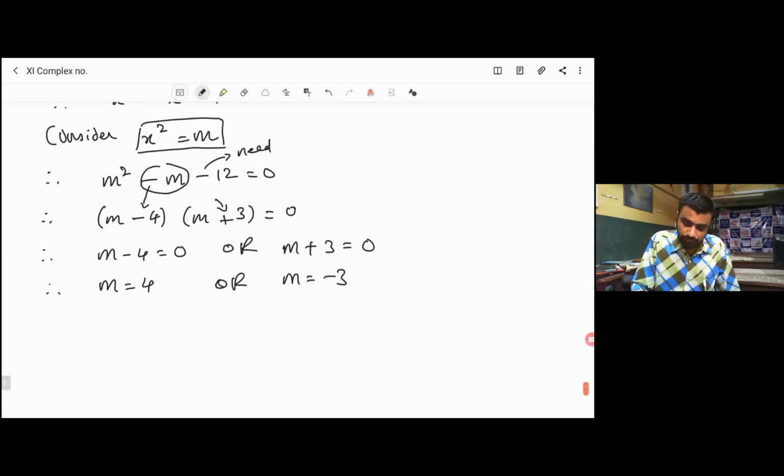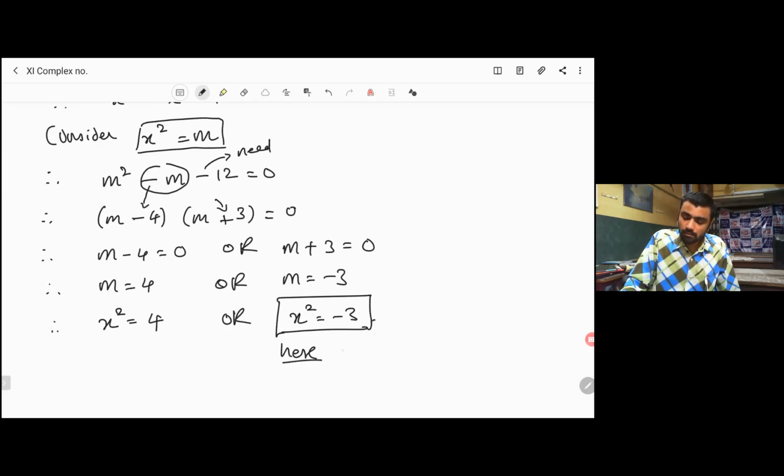Now this becomes x square is equals to 4 or x square is equals to minus 3. और यहाँ जो ये x square is equal to minus 3 है, here x not belongs to real number, therefore it is not possible.